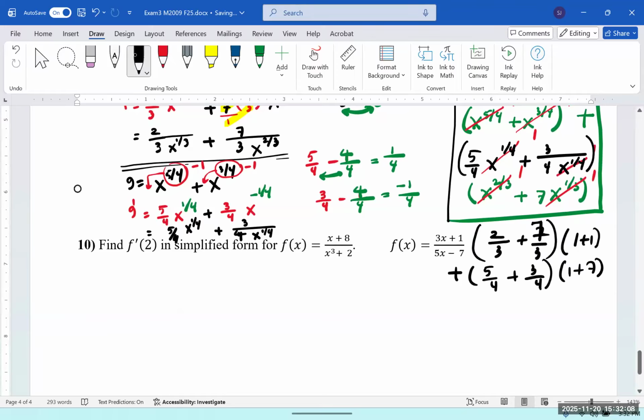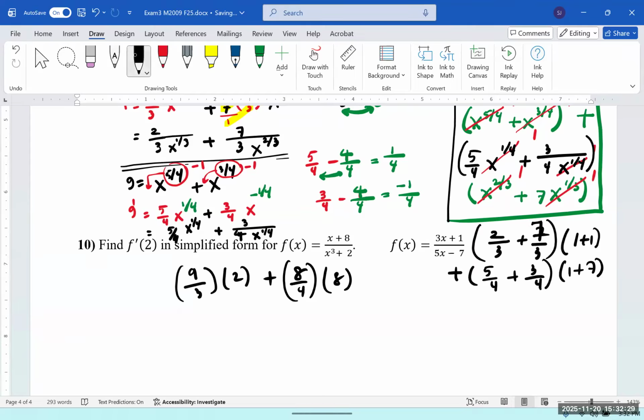So what do we have? 2 plus 7 is 9 over 3, and 1 plus 1 is 2. And then we have 5 over 4 plus 3 over 4, 8 over 4, and then 1 plus 7, 8.